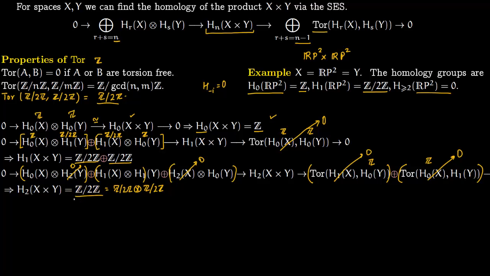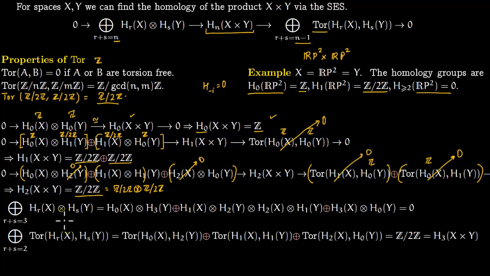Now we compute H3. For H3, first focus on this. Now r plus s has to be 3, so our indices are going to be 0, 3, then 1, 2, 2, 1. So 0 plus 3 is 3, 1 plus 2 is 3, 2 plus 1 is 3, and finally 3 plus 0 is again 3.